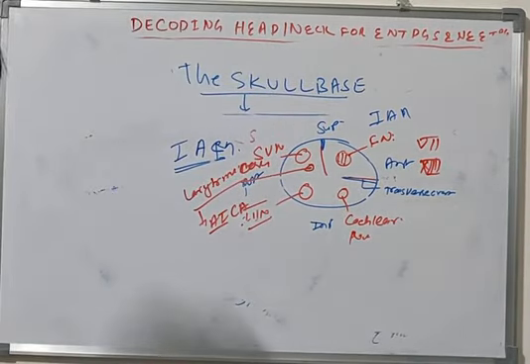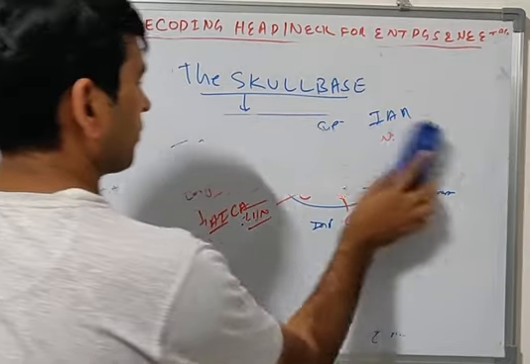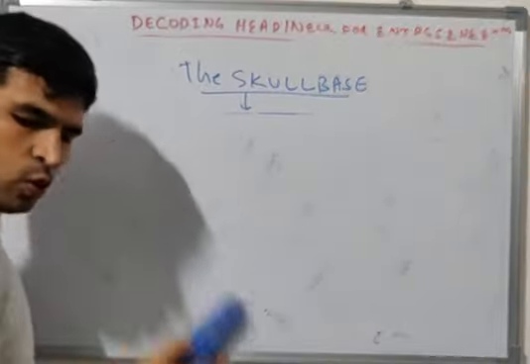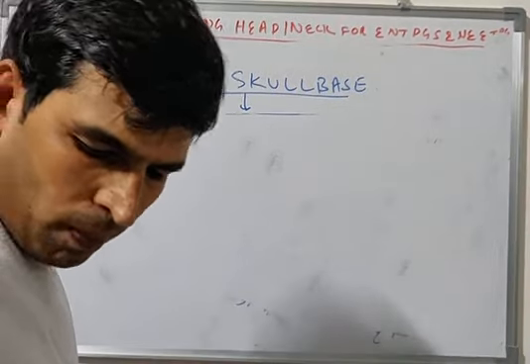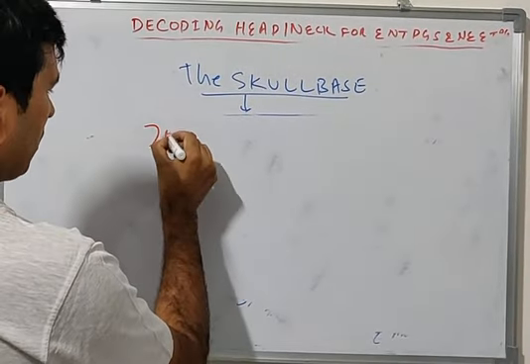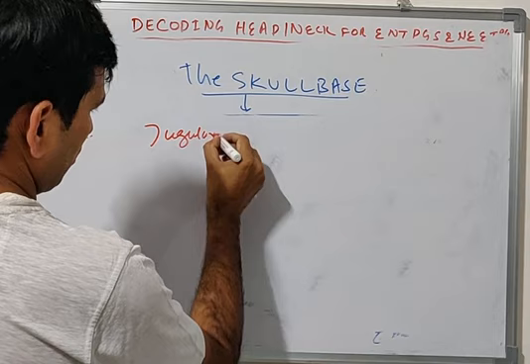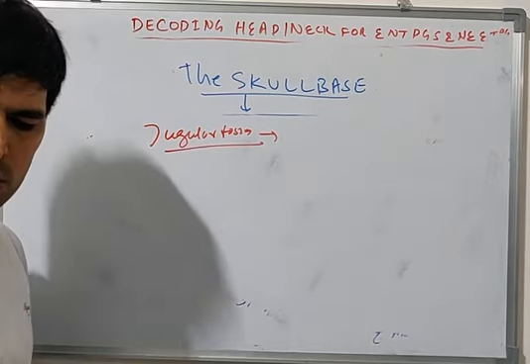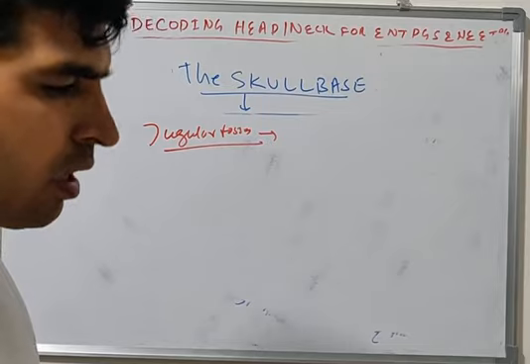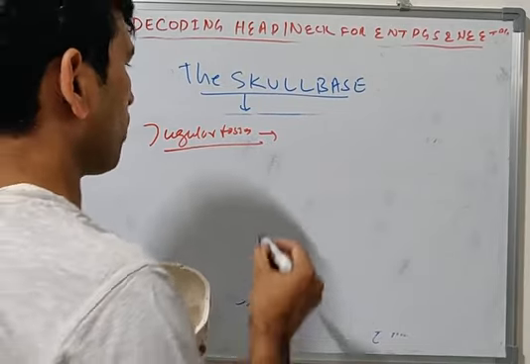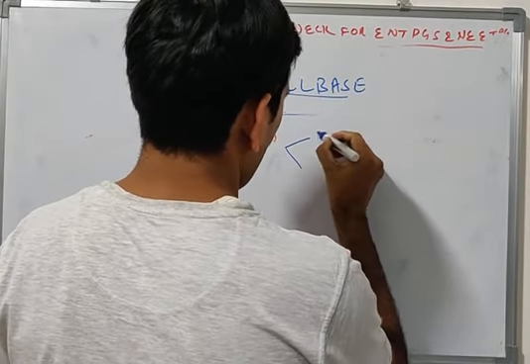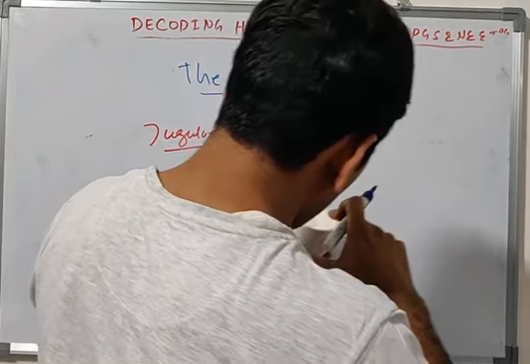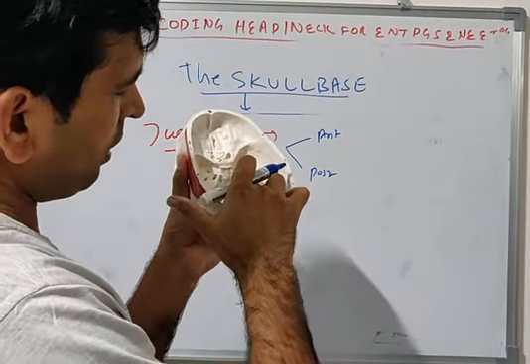Now we will talk about the jugular foramen. According to Gray's anatomy, the jugular foramen is mainly divided into two parts, anterior and posterior. If you see, this is the jugular foramen.